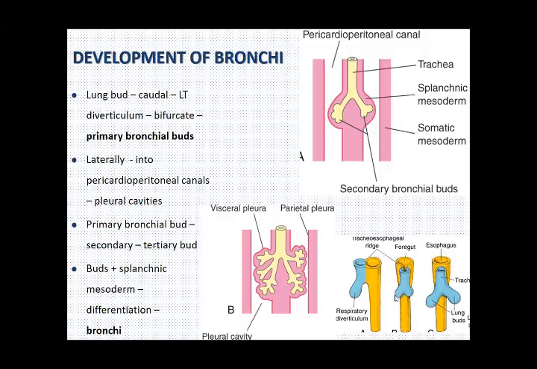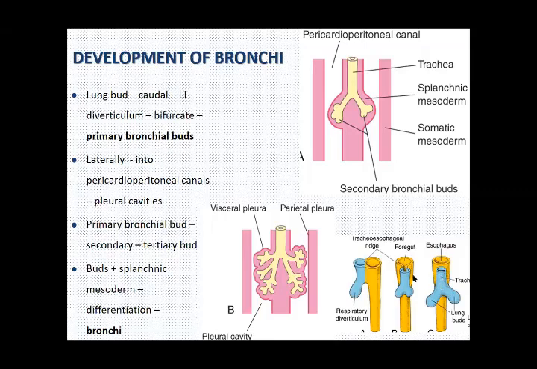They grow distally, they grow laterally. ये देख लीजिए, they are growing laterally. As they grow laterally, so ये जो trachea then elongates. ठीक है? So the connection between the pharynx and the bronchial bud, ये elongate कर जाती है and develops into the trachea.